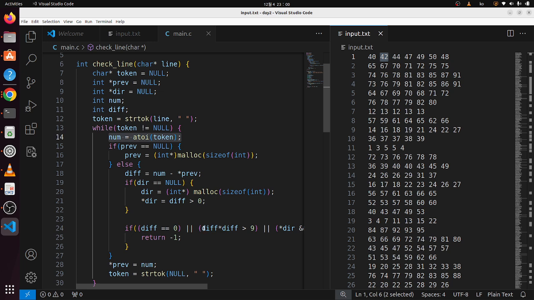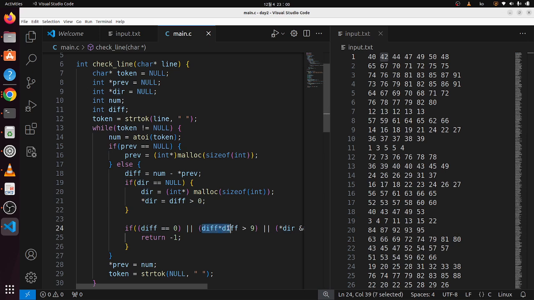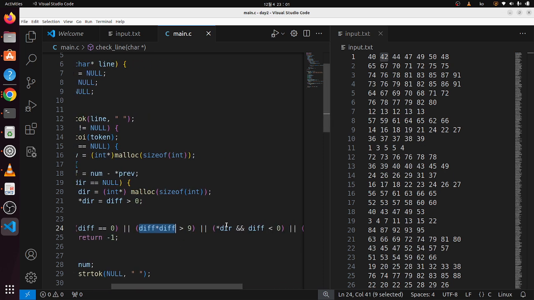Instead of checking less than 0 and greater than 0, we know the square of a number is always positive. So if we square the difference, it must be 3 at most. The square of 3 is 9, therefore we shouldn't have a square that is greater than 9. If the direction is previously increasing and now we have a negative difference, then that doesn't agree.